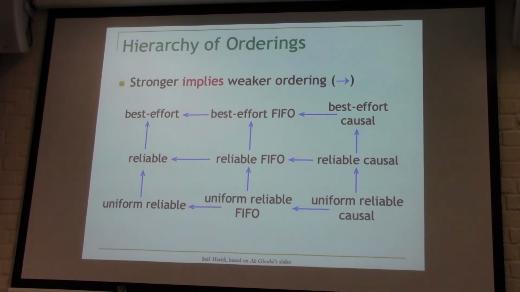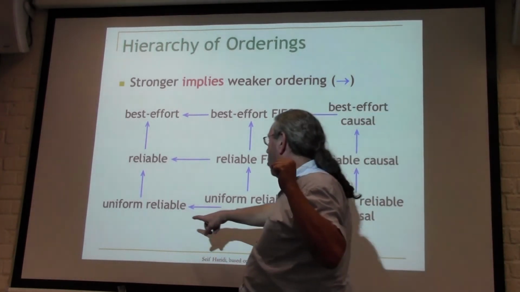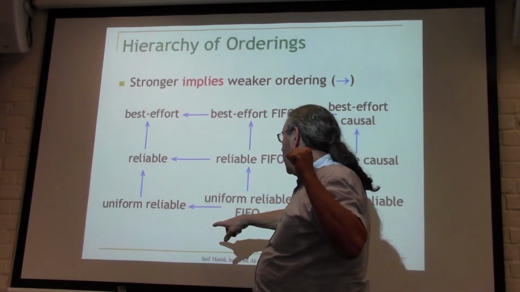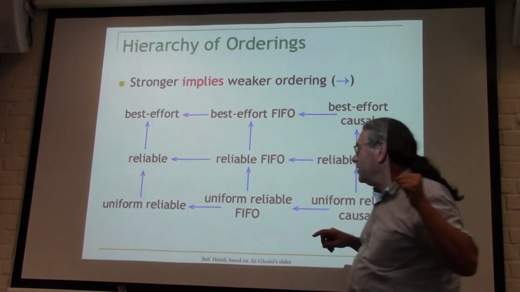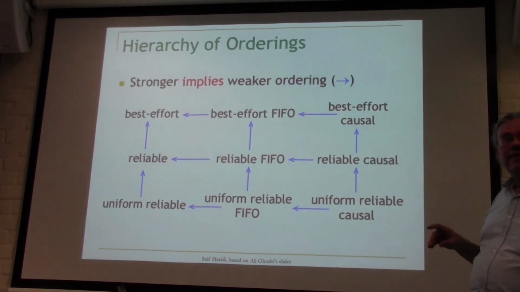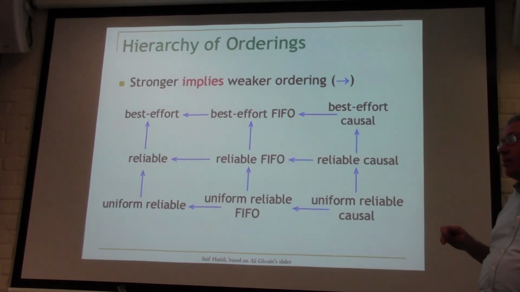Okay? So where does total fit here? It's uniform, not reliable. Sorry, bottom left. So it's weaker than FIFO because it doesn't have to be FIFO, as we've seen.